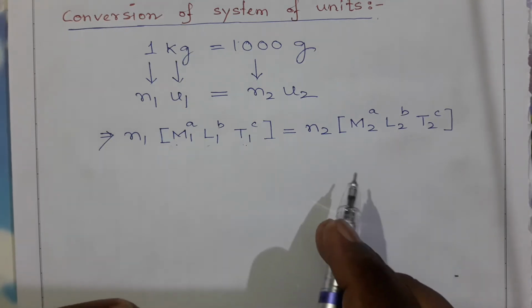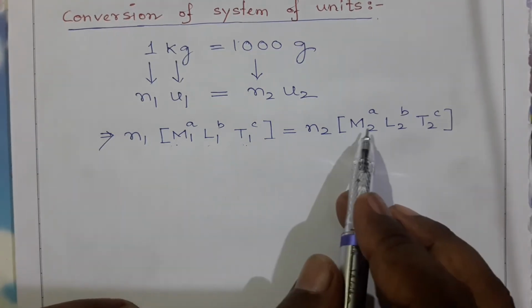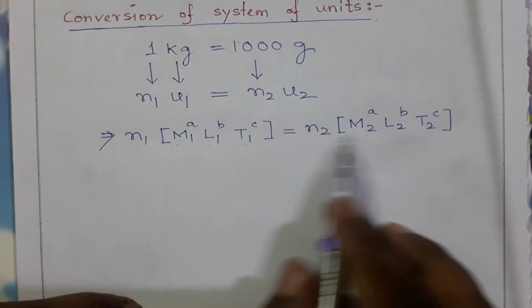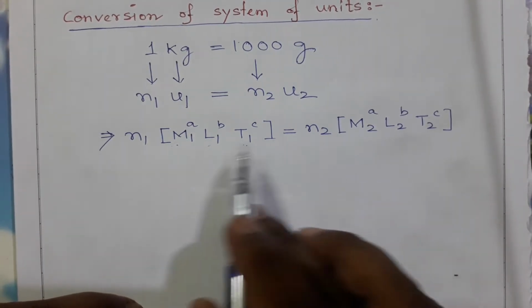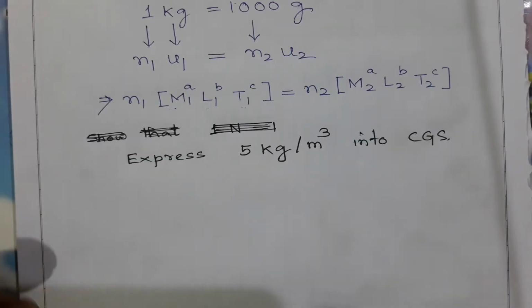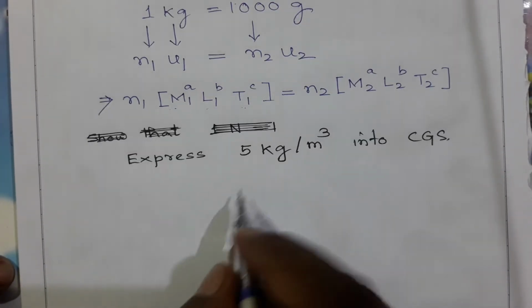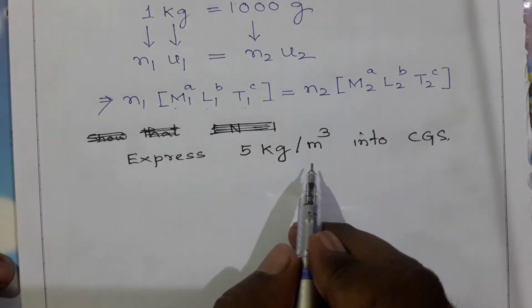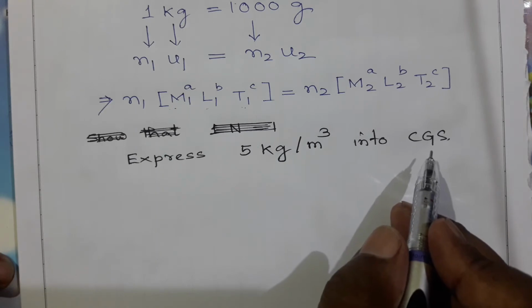Now we will learn how to use this formula to convert system of units. We just learn this as a formula, okay, and we will learn how to use this formula. Suppose we want to express 5 kg per meter cube into CGS system.